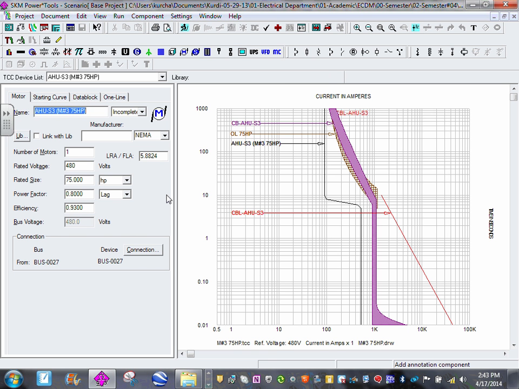Now the code says you take that full load amp and multiply it by 2.5, and that's how you size your inverse time circuit breakers. Or if you use fuses, no problem. What type? Dual element time delay fuse, 1.75; non-time delay fuse, 3. And then you end up oversizing the fuse or circuit breaker, because you don't want it to trip.